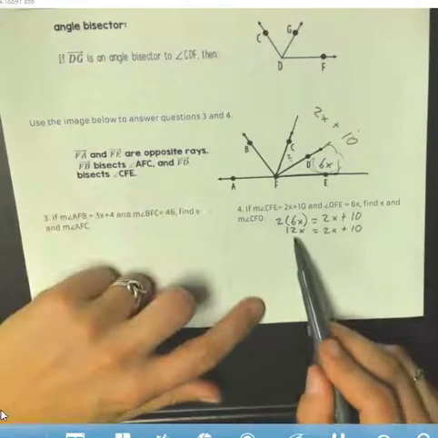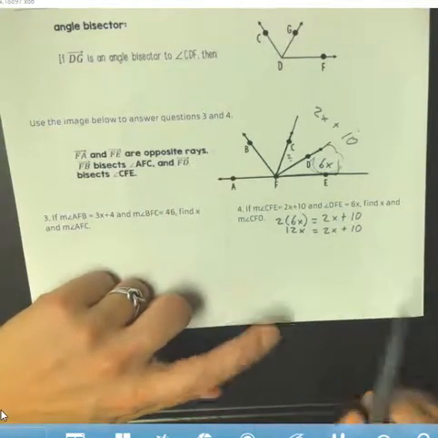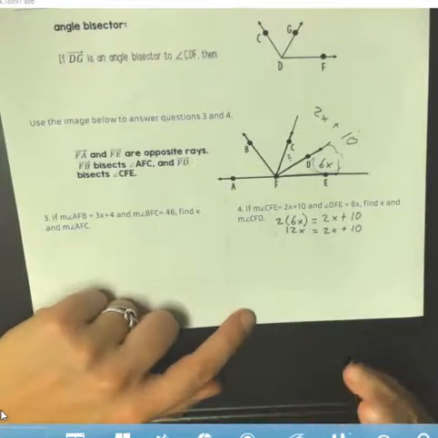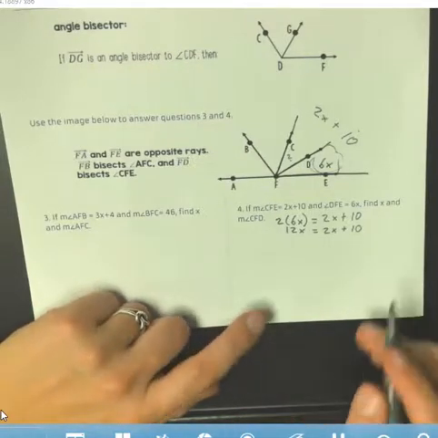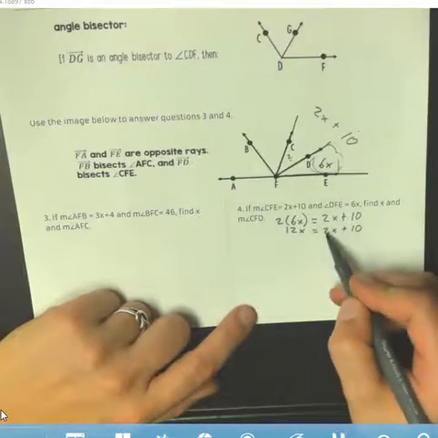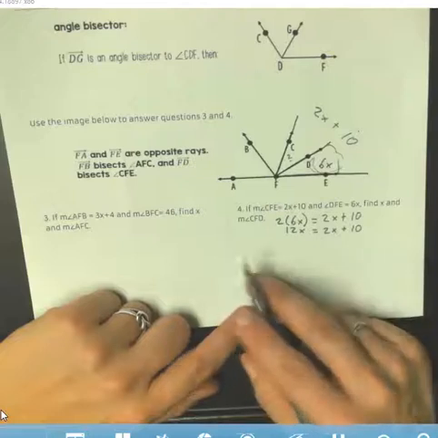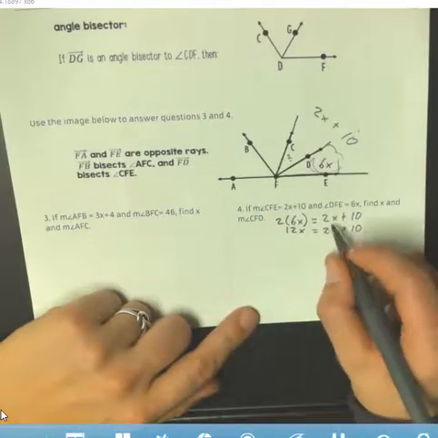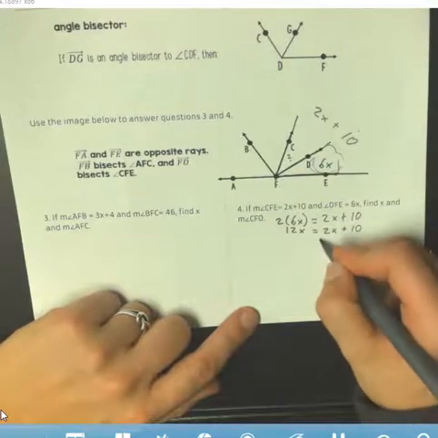The problem is I have x's on both sides of the equal sign. I really want my x's to be on one side of the equal sign and my numbers without the x's on another side. So we have a positive 2x, and we want to remove that from that side of the equal sign. So to remove it, I do the opposite of what's happening here. The opposite of positive would be subtracting it.